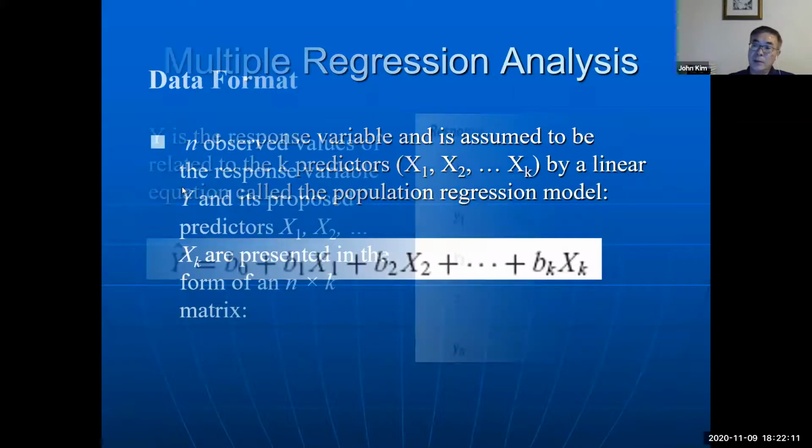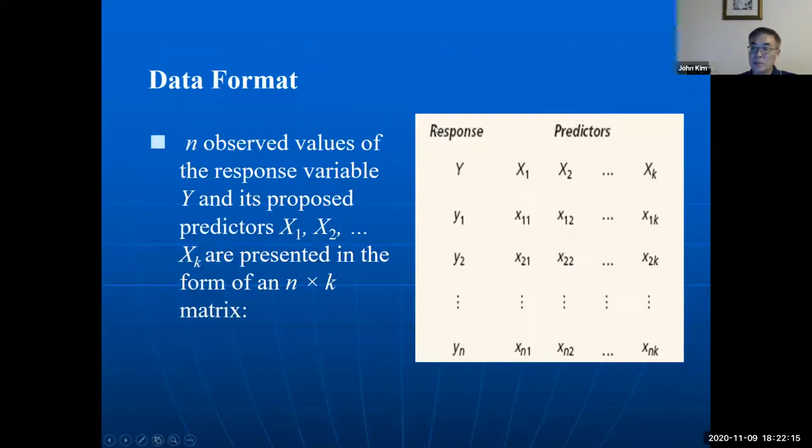So the data format generally looks like this. If there are multiple variables, then usually in the first column we set the y variable, and from the second column, the x variables.